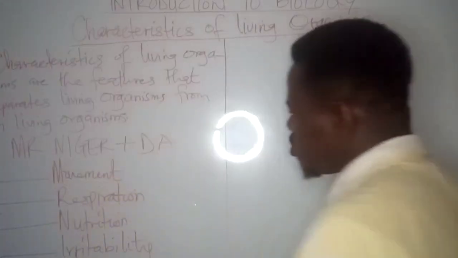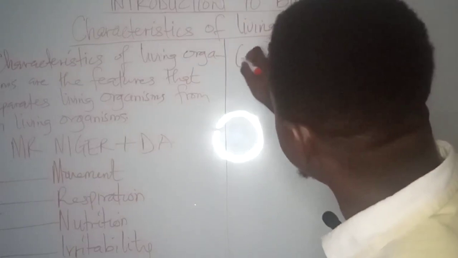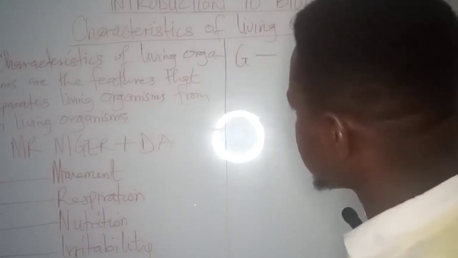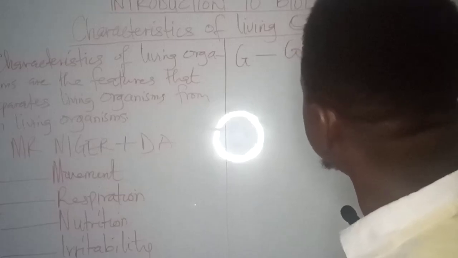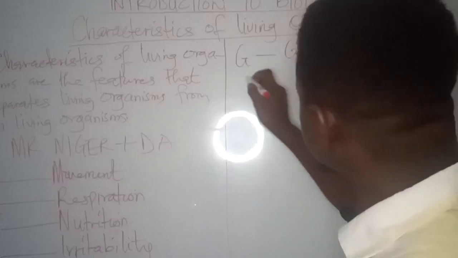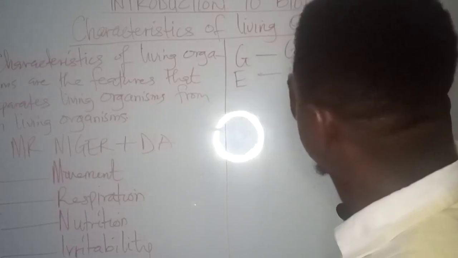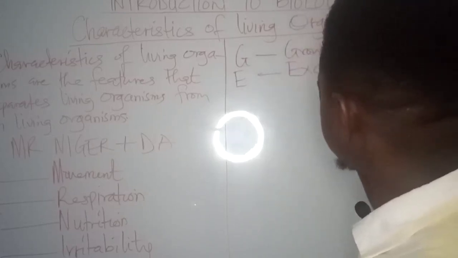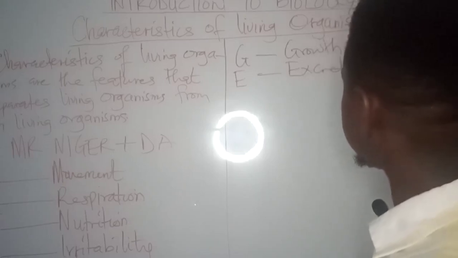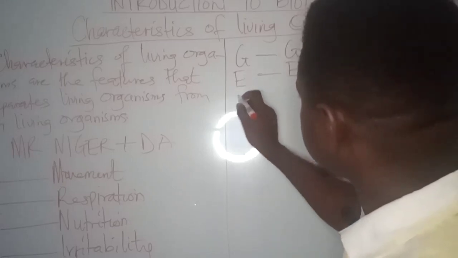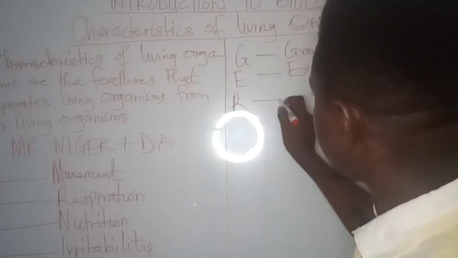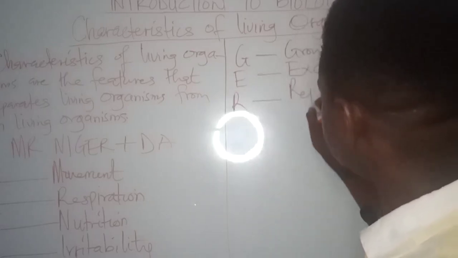So we have G, which stands for growth. E stands for excretion. Again, R, but this time around, standing for reproduction.